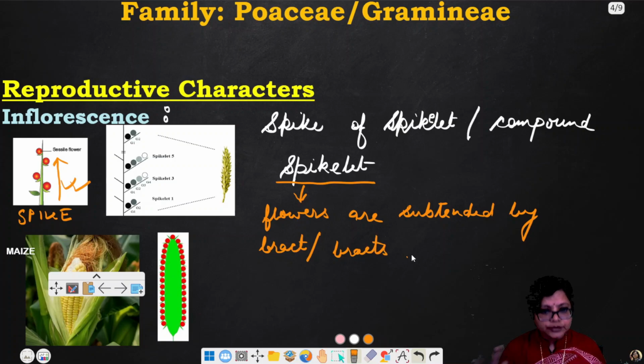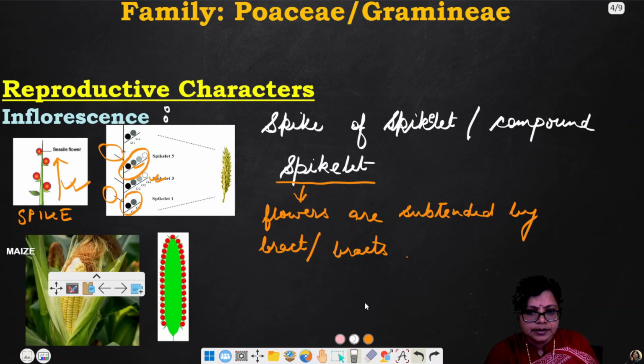Now I told that the members of the family Gramineae or Poaceae possess spike of spikelet or the compound spikelet. Why is it named so? Because here many spikelets develop in a spike-like manner. 1, 2, 3, 4, 5 in this way, right?